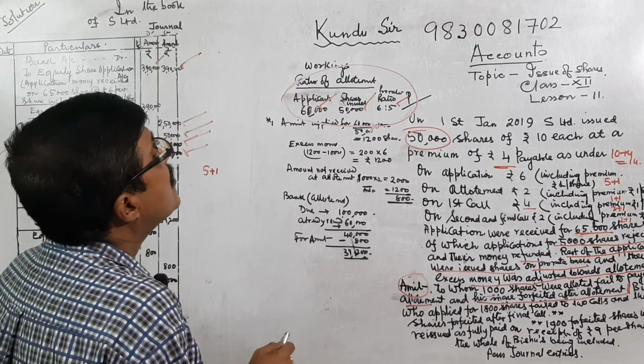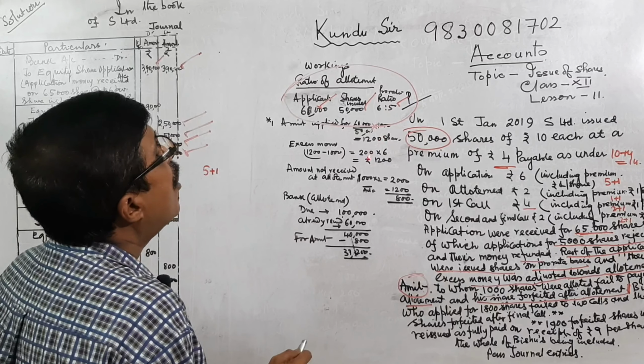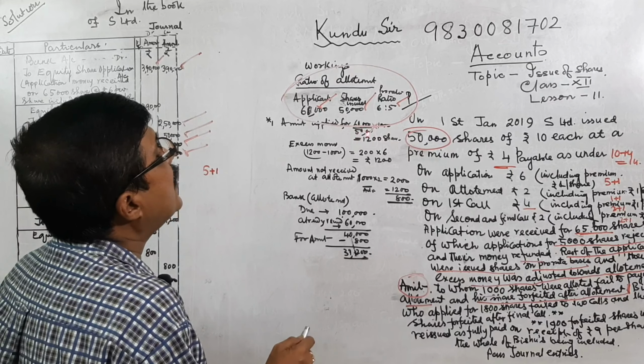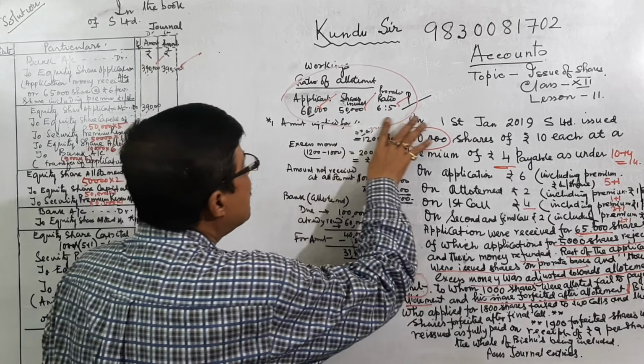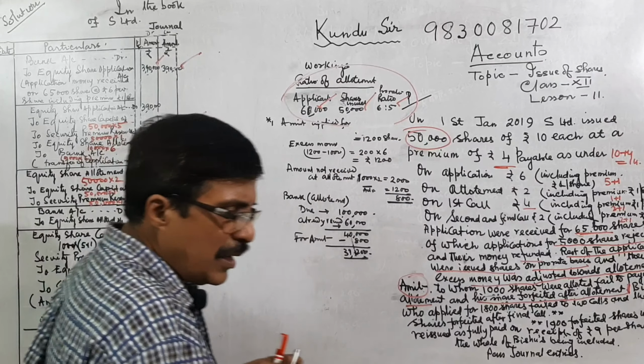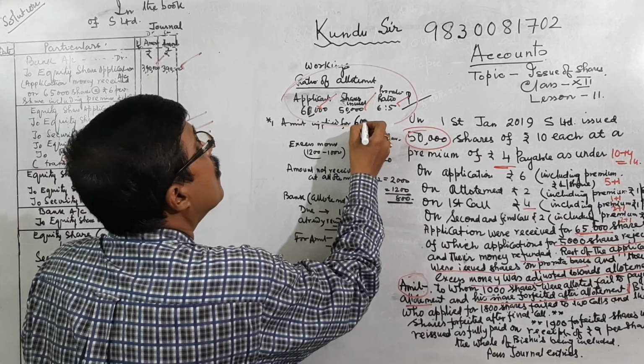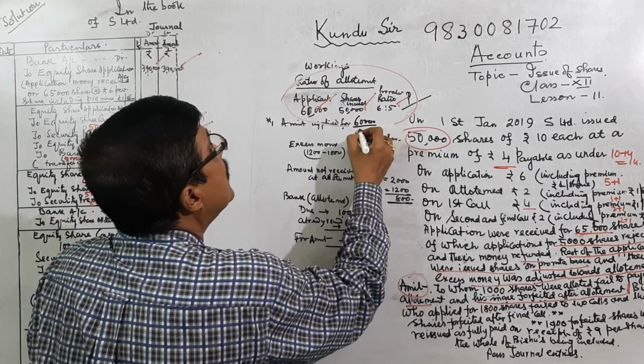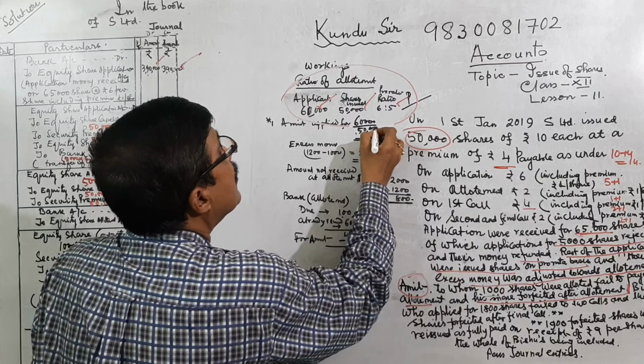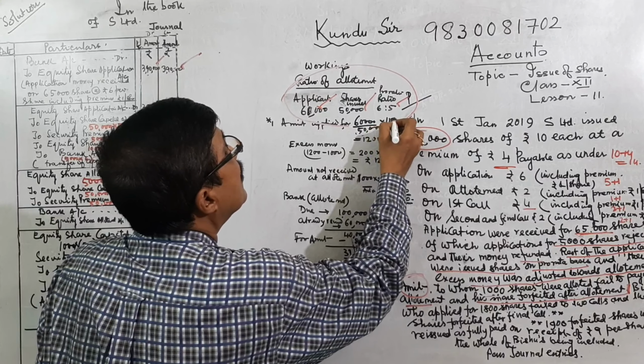So what is applied? The ratio 6 by 5 into 1000, or 60,000 by 50,000. I am rewriting it: 60,000 by 50,000 into 1,000.